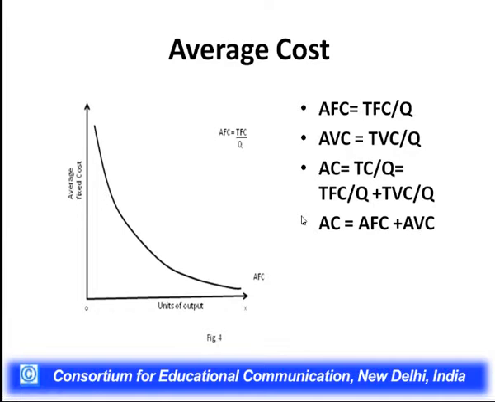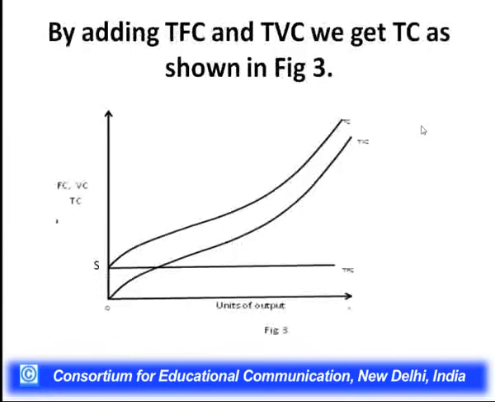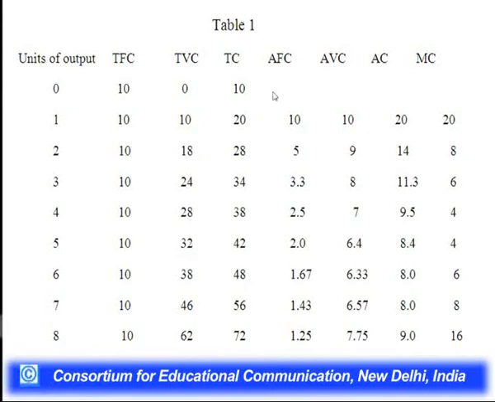Now we will see how the average fixed cost and average variable cost are derived. AFC is equal to TFC upon Q. If you see in the table, when you divide total fixed cost by the units of output, you get the AFC.